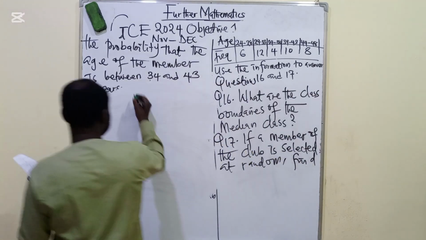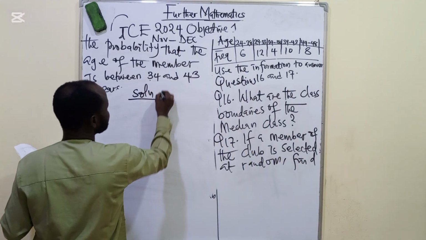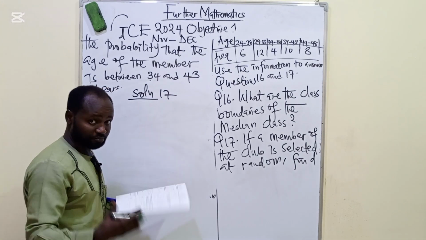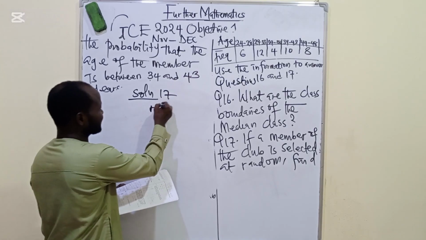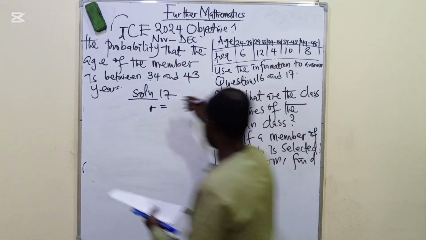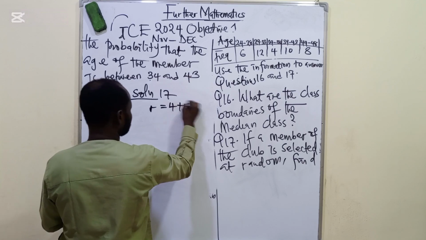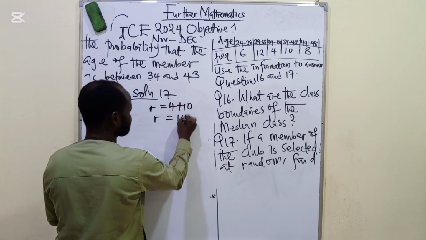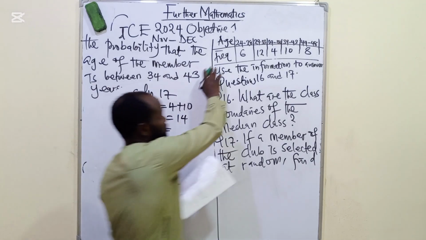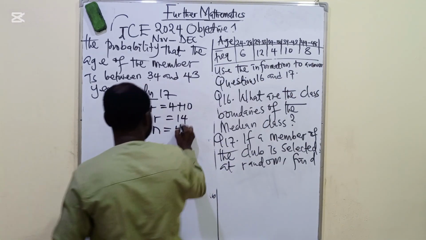Because probability, I'm solving 17 now. Probability is the number of required outcomes divided by the total possible outcomes. Our r now will be this corresponding frequency, which is 4 plus 10. r now will be 14. Then our n, which is the total summation of our frequency, is 40. Very important.